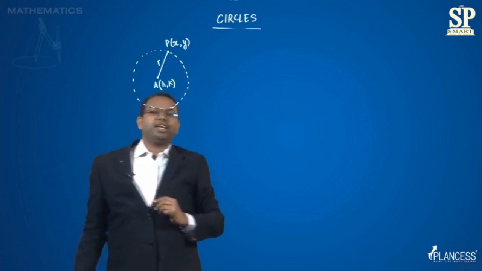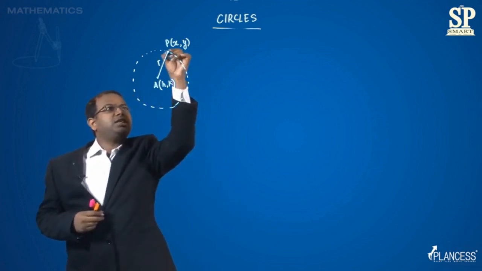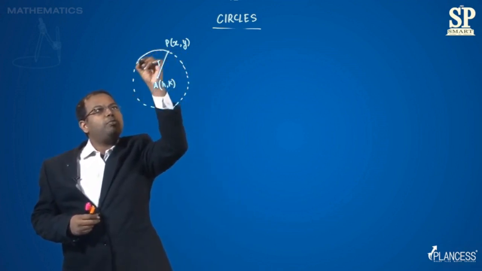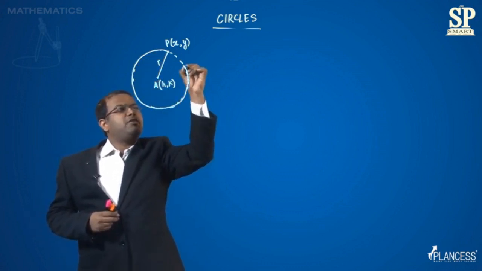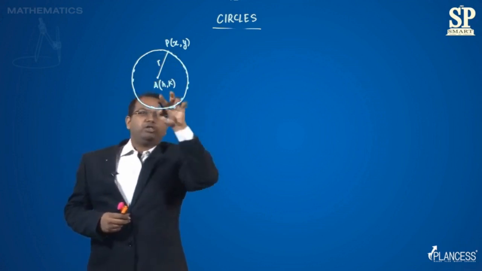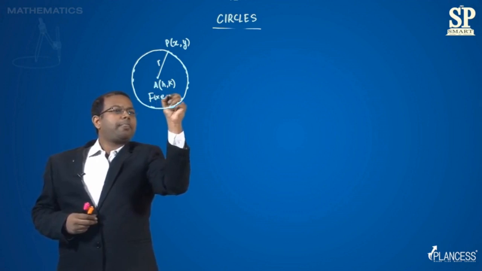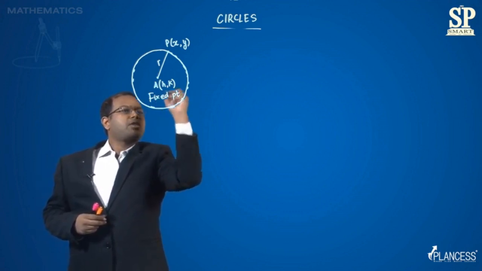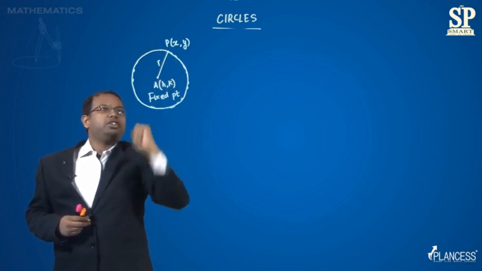So this is basically what a circle is. A circle is the locus of a point which is at a fixed distance from a fixed point. This is our fixed point, and this fixed length of the string is called the radius.